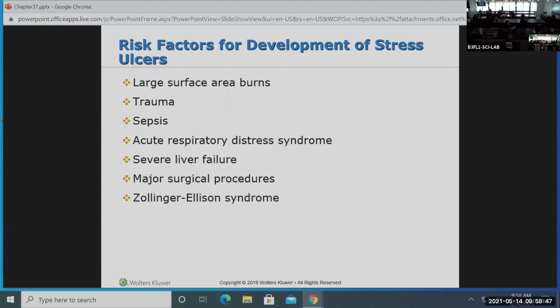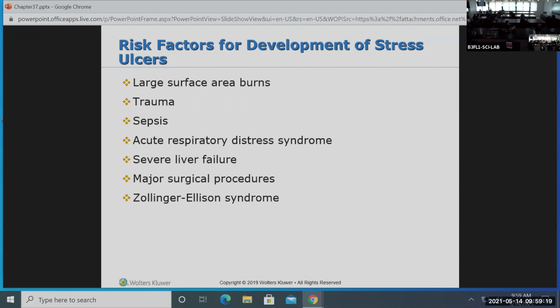And there's another condition over here, please highlight, it's called Zollinger-Ellison syndrome, where they produce a tumor within the stomach. Please remember, Zollinger-Ellison syndrome, during which the patient produces a tumor within the stomach which produces gastrin.